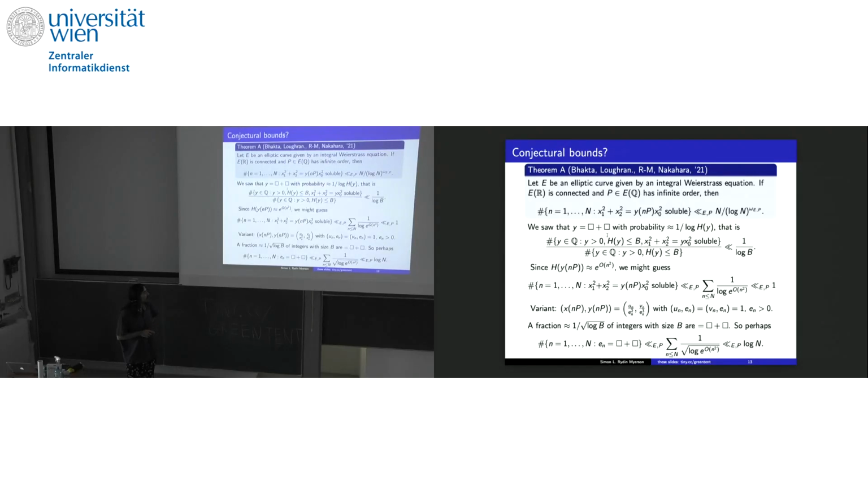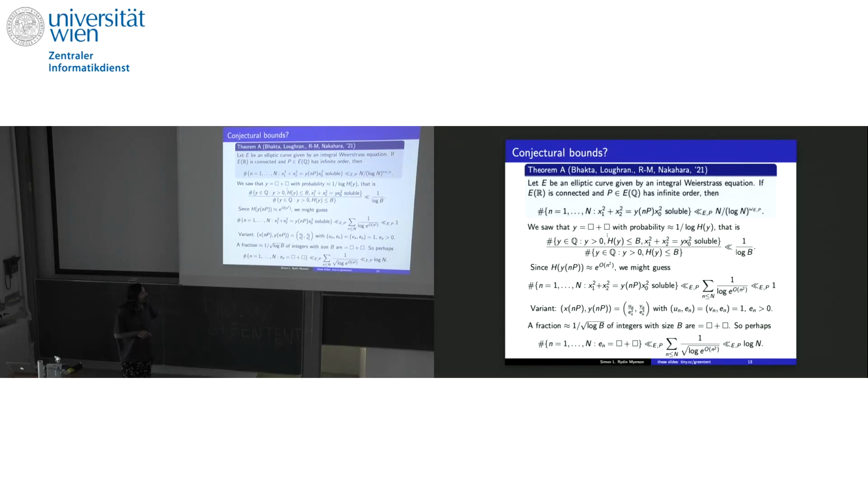If the y coordinate is a sum of 2 rational squares, that means the numerator and denominator here are sums of 2 integer squares. E cubed is a sum of 2 integer squares if and only if E is a sum of 2 integer squares. This is a bigger set, I'm counting more things.